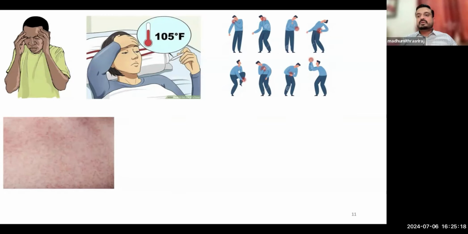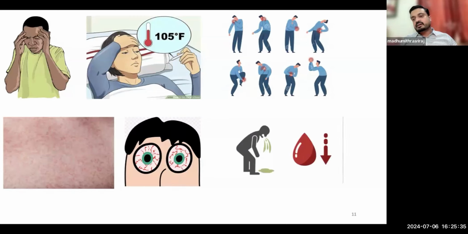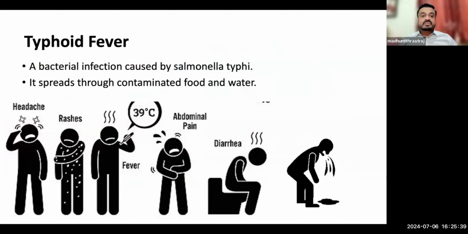So they can come up with something called petechiae, which are shown here. They can be bleeding spots on the skin due to reduced platelet count, which can be a warning sign. And redness of eyes, burning sensation of eyes, vomiting, and bleeding, all these are warning signs of dengue.